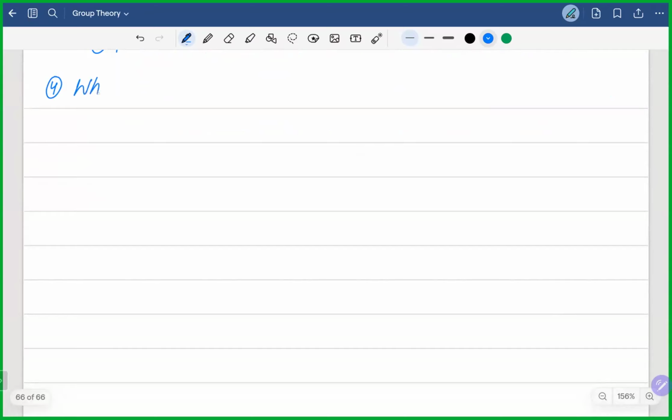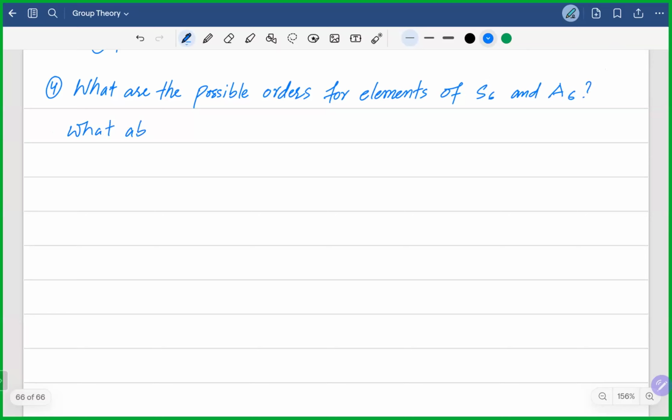So, what are the possible orders for elements of S6 and A6? And then what about A7?